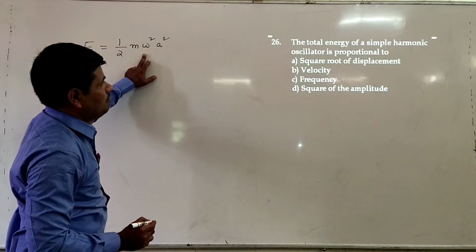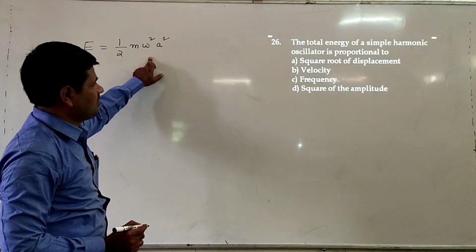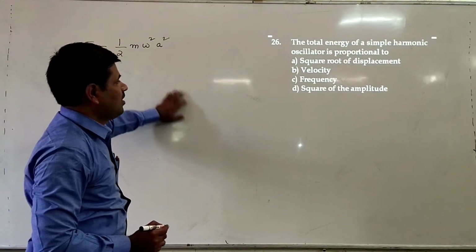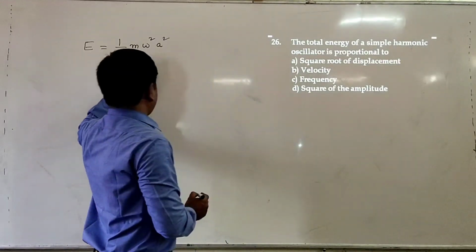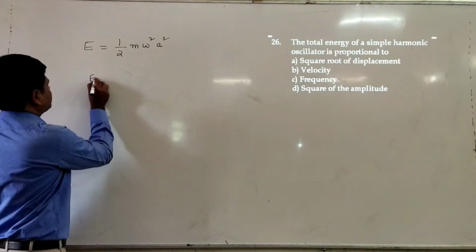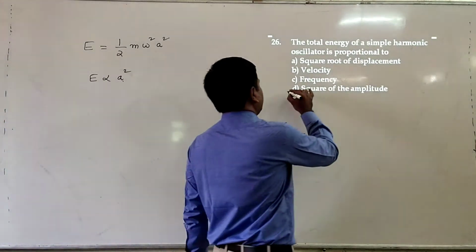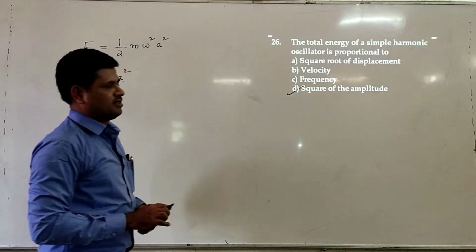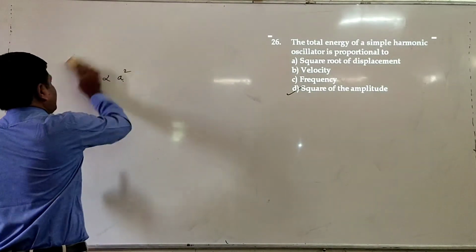Frequency is not directly proportional either, and square of the frequency is not correct. From this equation, E is directly proportional to a square, where a is the amplitude. So square of the amplitude is correct. D option is correct here.